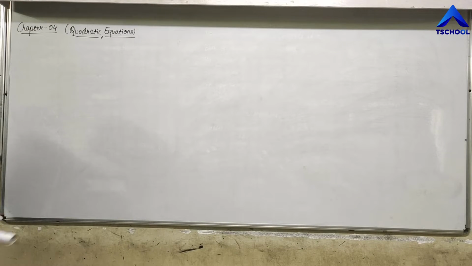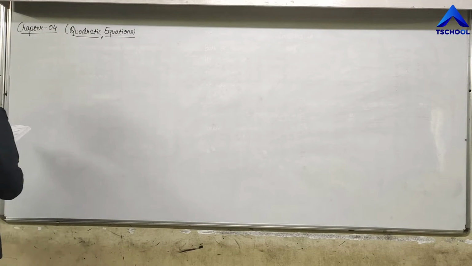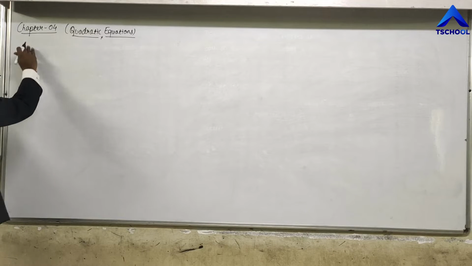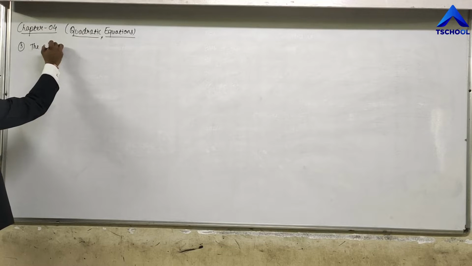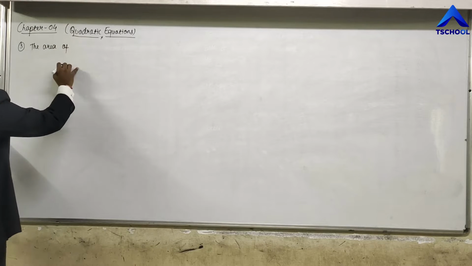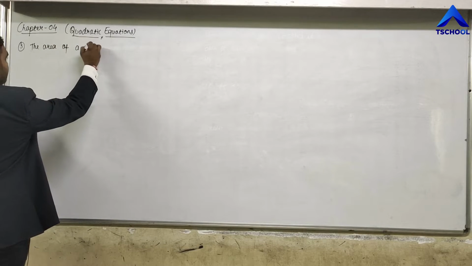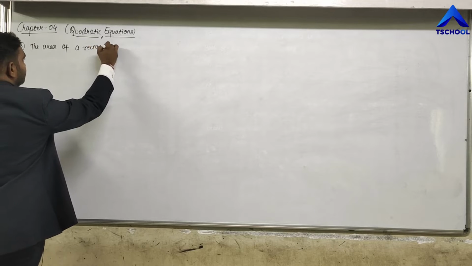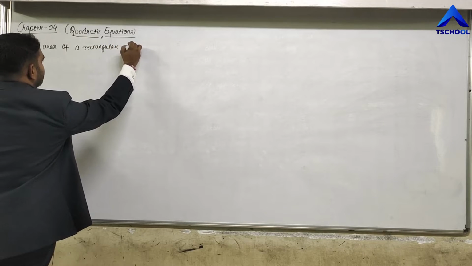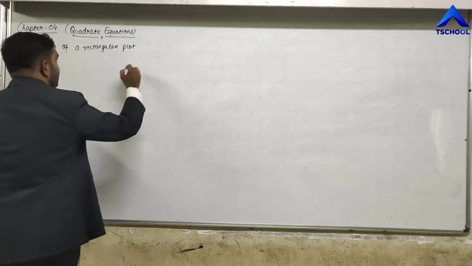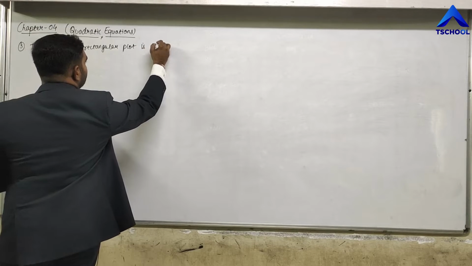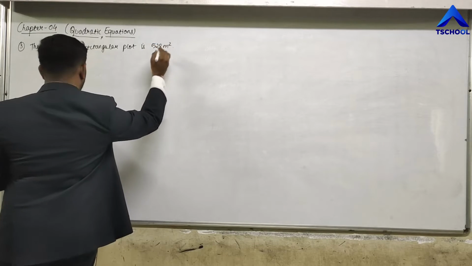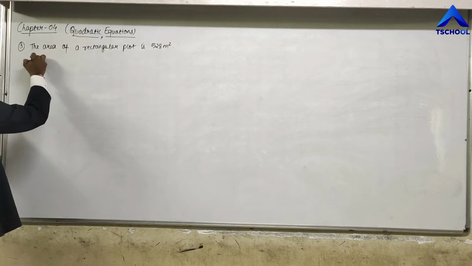Next one I am having is: the area of a rectangular plot is 528 meters square.